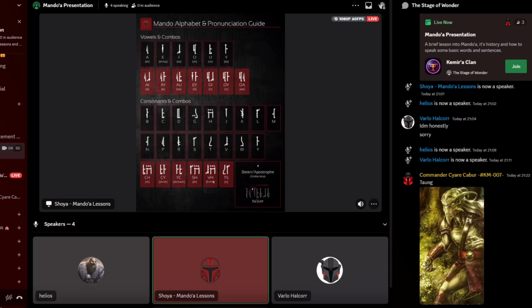So the vowel combinations, we call these diphthongs. Diphthongs means it's two vowel sounds that have slid into one syllable. And these seven are the only vowel combinations that form diphthongs. If there's two vowels next to each other that are not these seven, then they're two separate syllables.